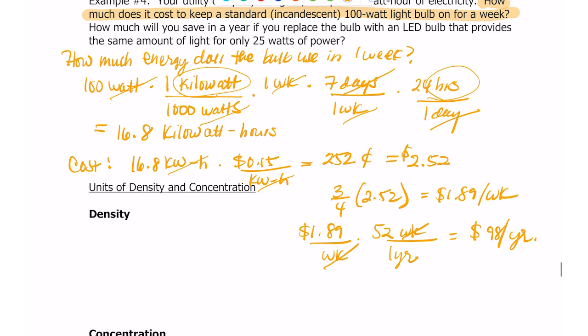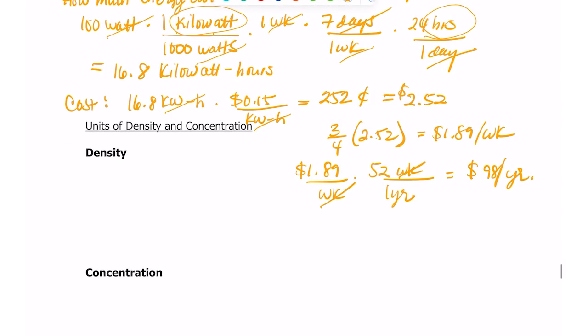Let's next look at density and concentration. So what's the difference? Density, think of that as it describes the compactness or crowding of an object.